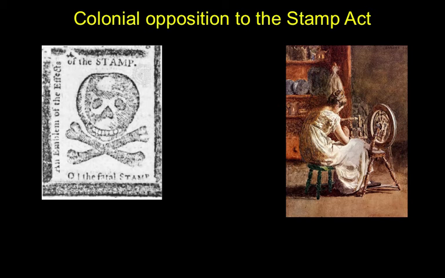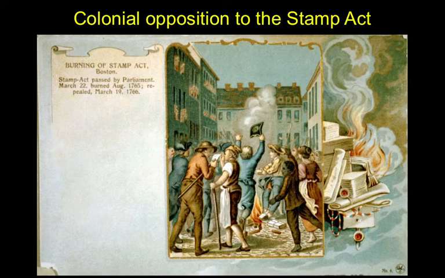The Sons of Liberty was a radical group formed by Bostonian Sam Adams in opposition to the Stamp Act. Radical opponents to this and future taxes sometimes embraced violent methods of protest, including tarring and feathering of tax collectors, burning effigies of royal officials, and burning the house of Massachusetts Lieutenant Governor Hutchinson to the ground.